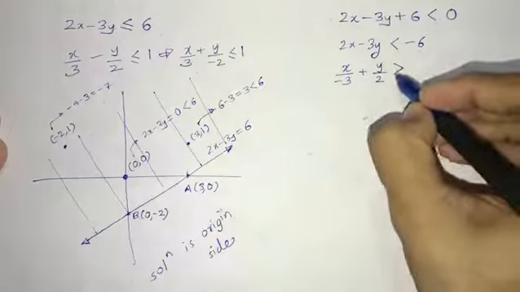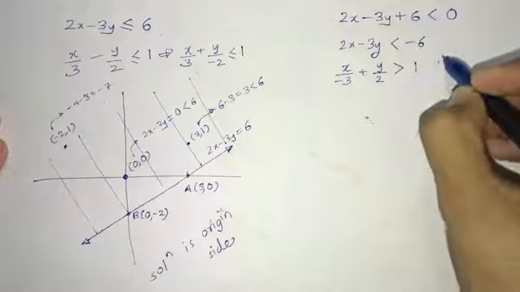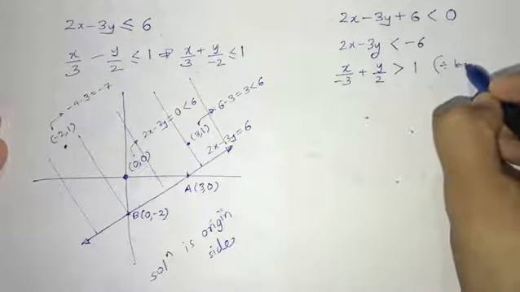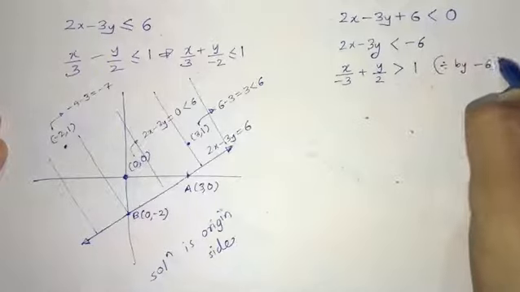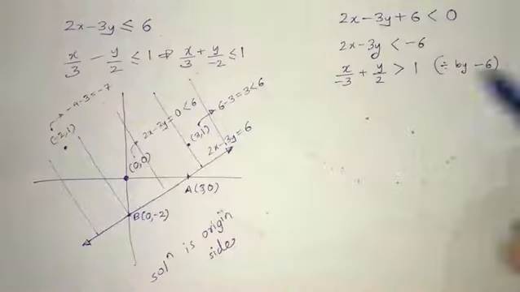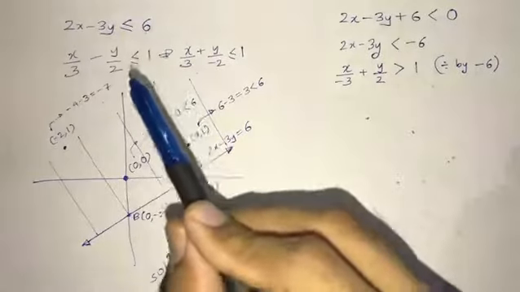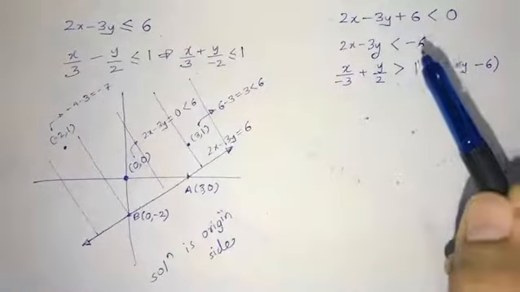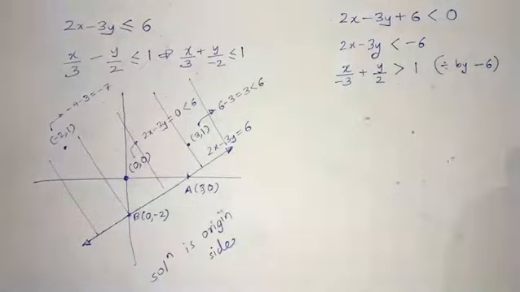But the sign will change, because you are dividing by a negative number, minus 6. Here you were dividing by 6, a positive number, so the sign didn't change. The inequality sign will change here because you are dividing by minus 6. So you get x by minus 3 plus y by 2 greater than 1.